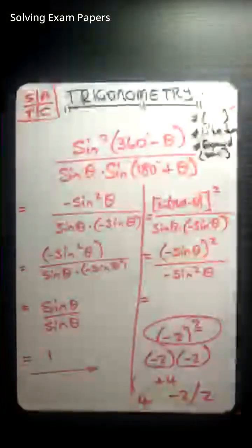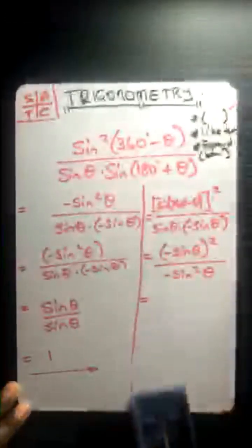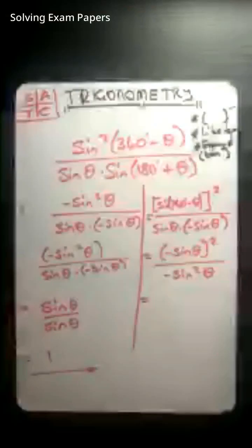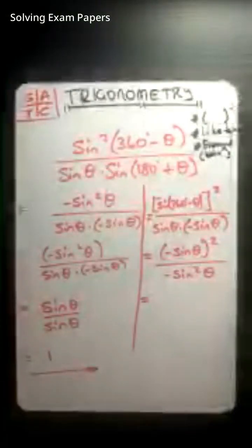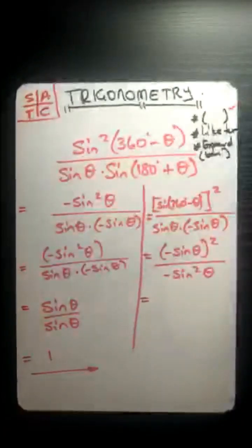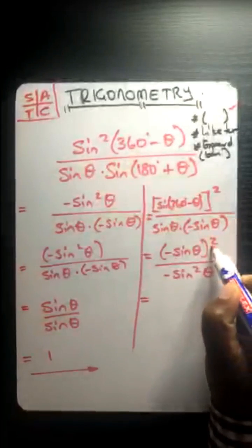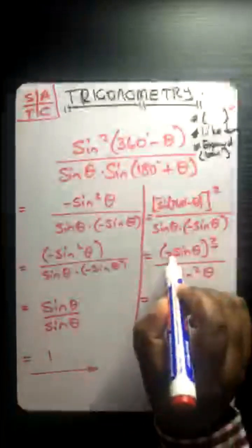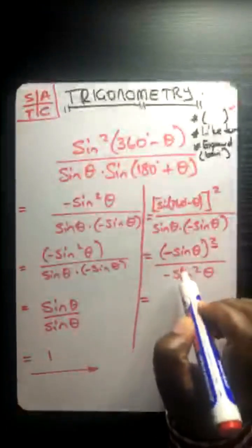So just be careful, guys. Just be careful of what the question is and what is the real answer. But this is what I wanted you guys to notice. When you have a squared there, and you're having a negative there, it forces it to be positive.